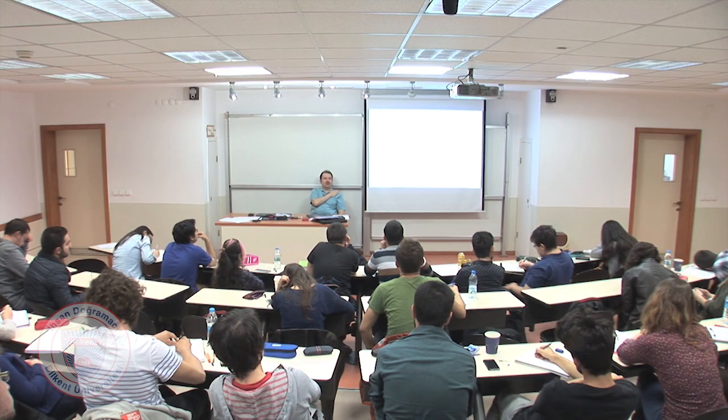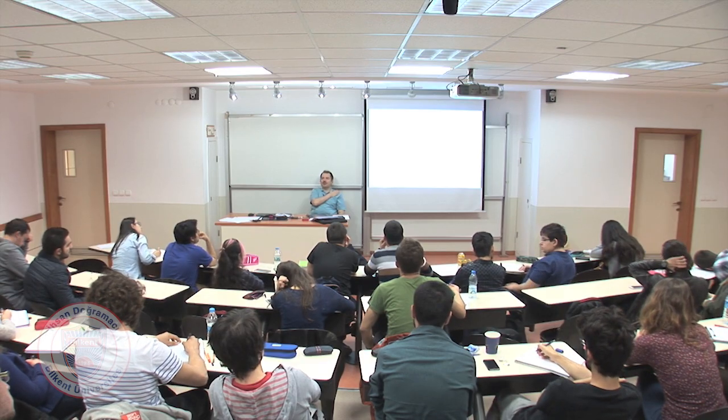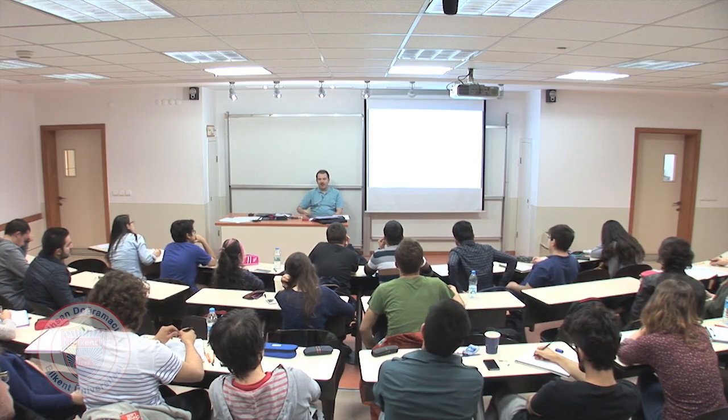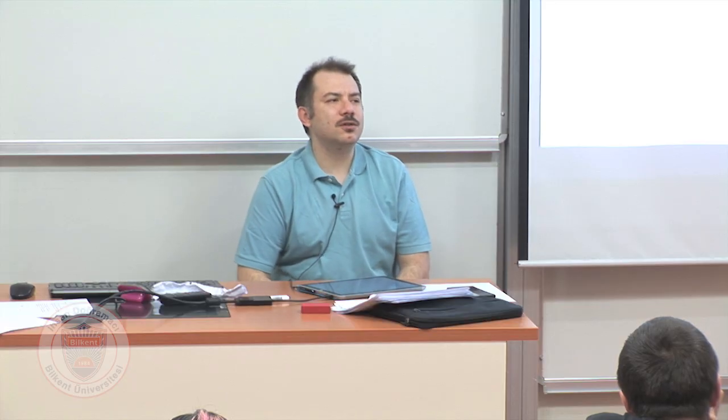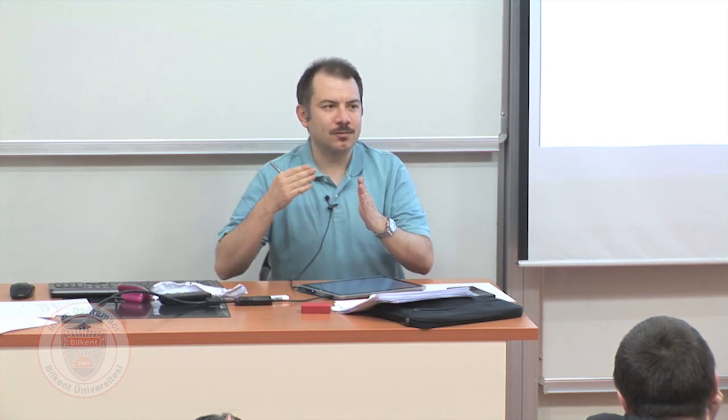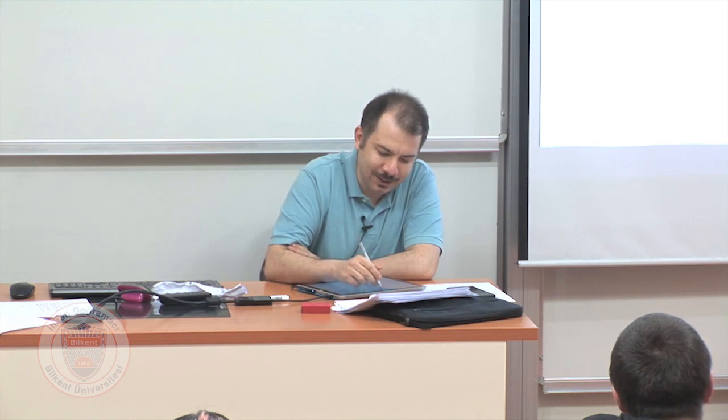To be able to do that, I actually need to remember the definition of the current. What was our definition of the current? Current was the total charge passing a plane per unit time. Right? That's it. So let's take some plane.